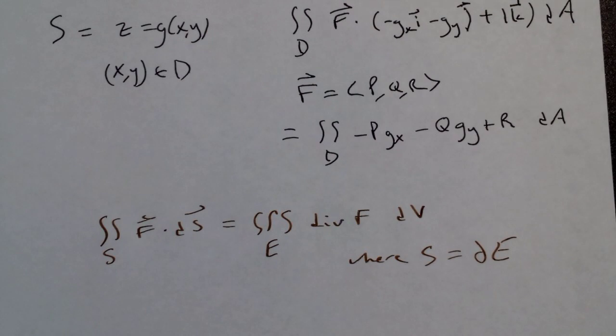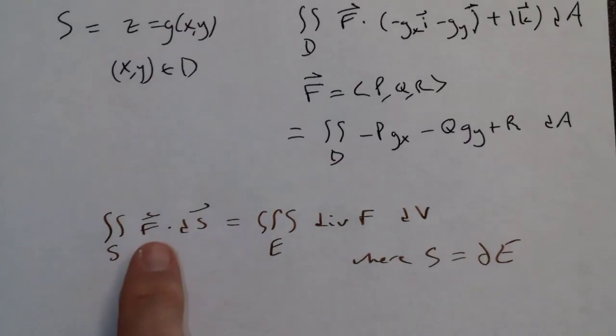So all of those are the flux, but the divergence theorem says I do a triple instead of a double. Instead of looking on the edge, I can look inside. But it's only the flux because it's this integral we're trying to evaluate.